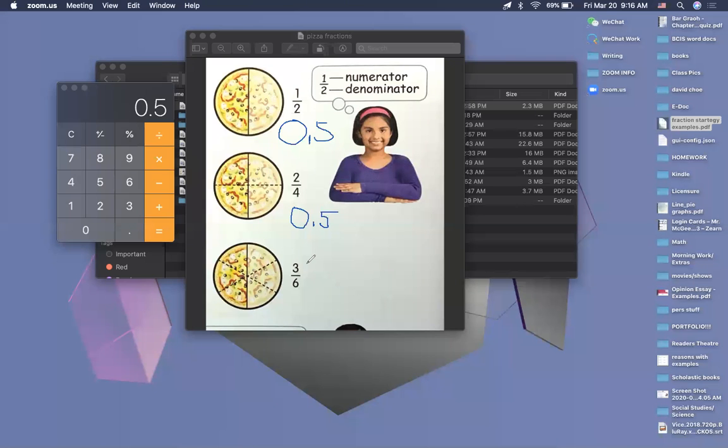Right, so the pieces of the whole is the denominator. How many you ate is the numerator. Let's test it out. Rudy's pizza, 3 over 6. Oh, we have the same, 0.5. So I just wanted to show you that that's how they are equal, all right?